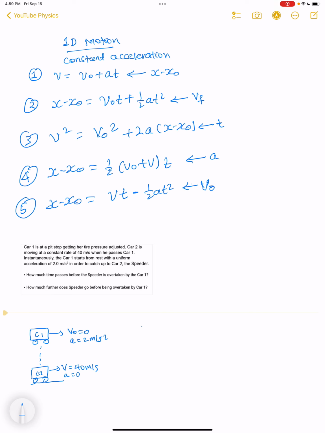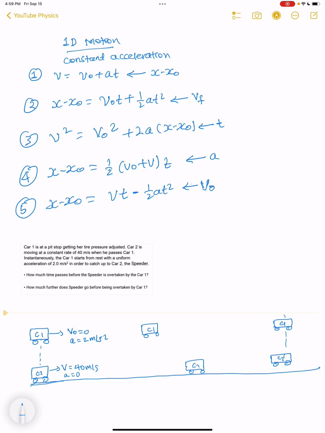As you can imagine, at some point car 1 is still here, and car 2 is maybe here, and then ultimately they will catch up with each other. So we have car 1, car 2, and then here is car 2 again.